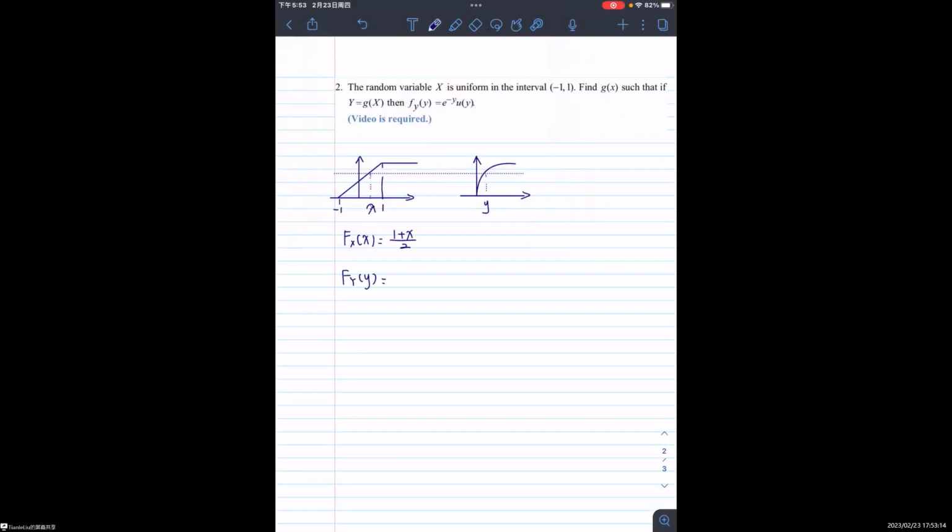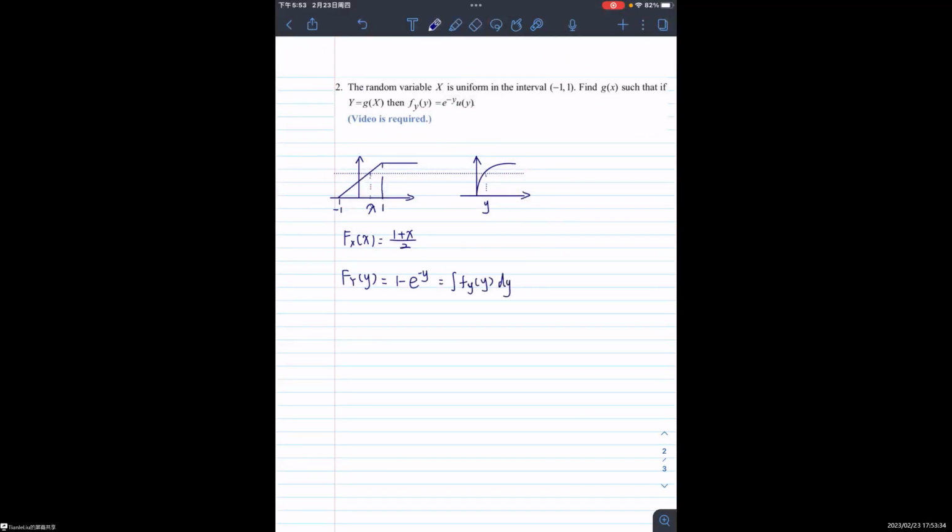By the clues of homework 4 given by the professor, we get this one for F_Y, which satisfies the integral of f_Y(y).